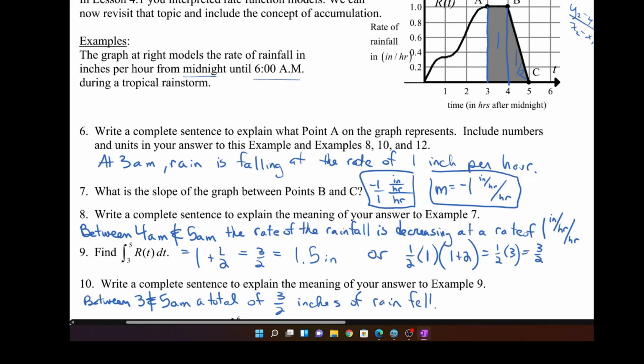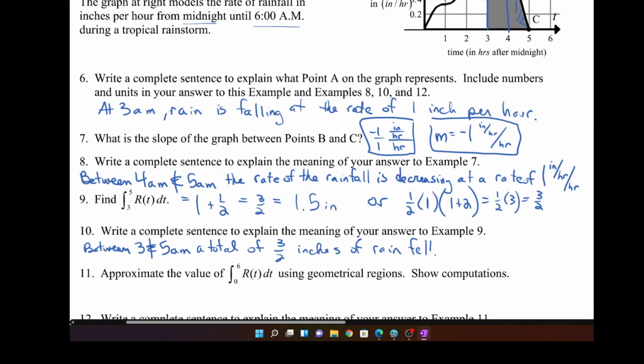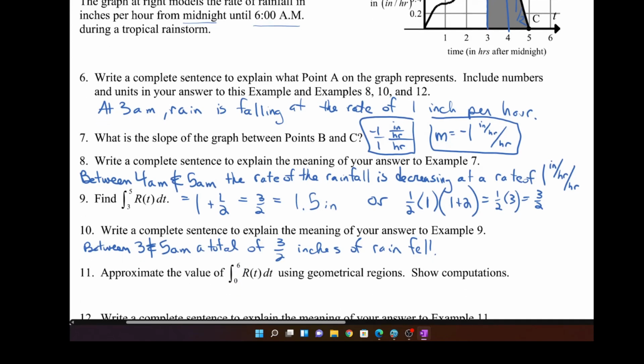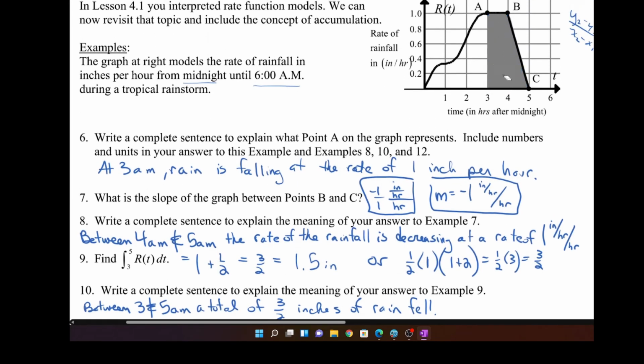Okay. So then we go to looking at the whole thing from 0 to 6. So I'm not just doing 3 to 5. And he says we can use some geometrical regions. We're doing an approximation, so let's put a little approximation symbol there, okay? That the area there is going to be approximately equal to. And the reason I was mentioning that trapezoid rule is because this would be a great trapezoid to do.